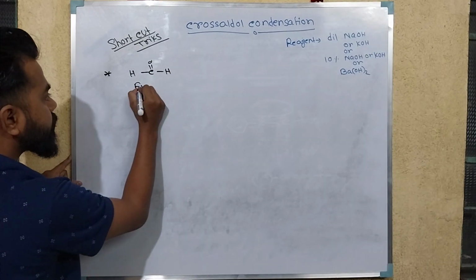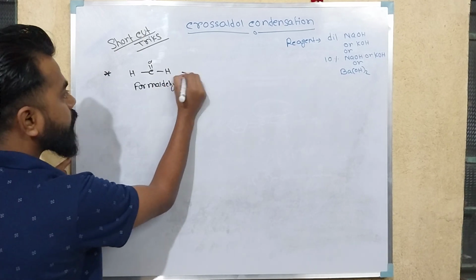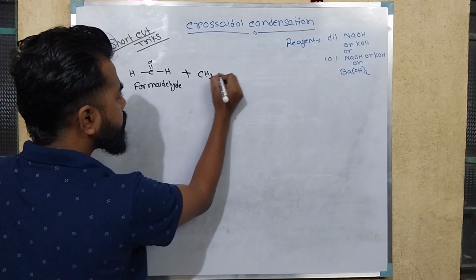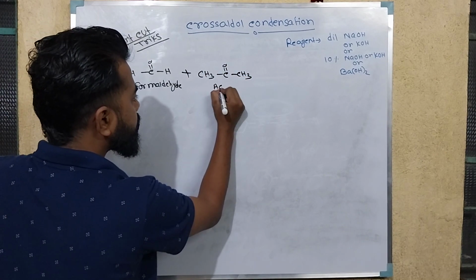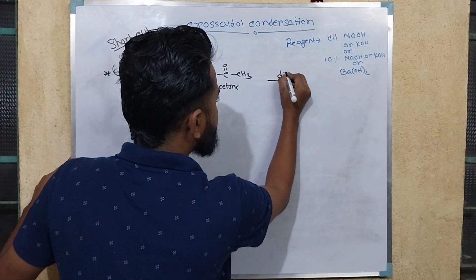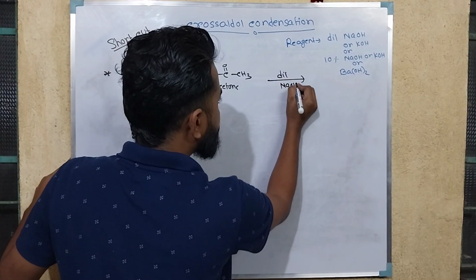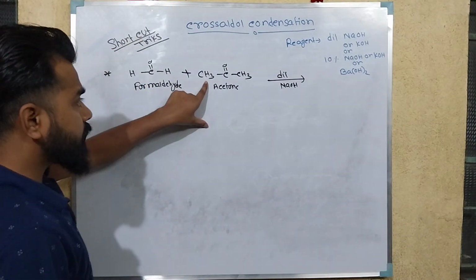Further, formaldehyde, if it reacts with acetone, reagent dilute NaOH. Same, it does not contain alpha hydrogen, but it contains 6 alpha hydrogen.